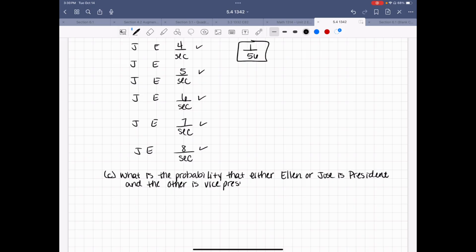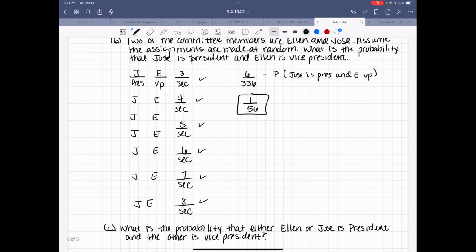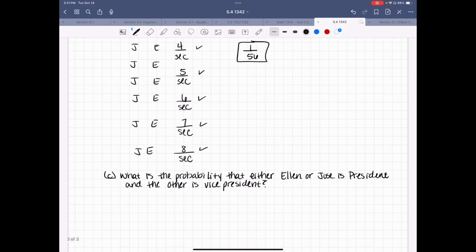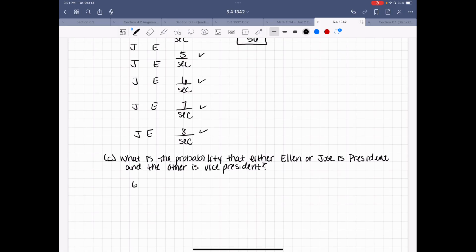Well, okay, let's think about it. We've already done Jose as president and Ellen as vice president. There were 6 of those. Well, there's going to be 6 of the reverse also. So, Ellen as president and Jose as vice president. Then we have the 1, 2, 3, 4, 5, 6 other people.